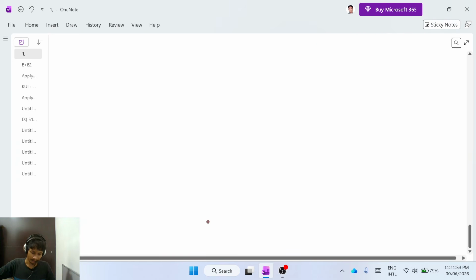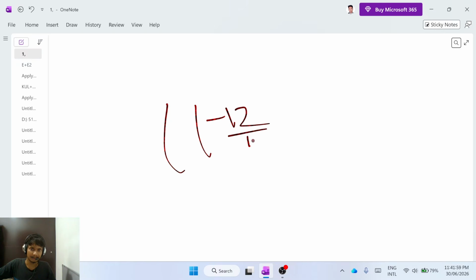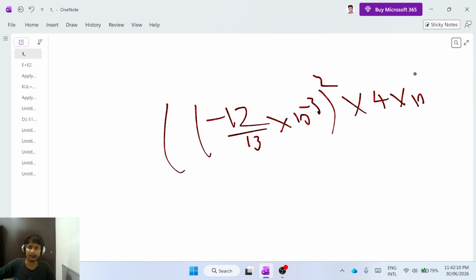Plus I3 square, where I3 is minus 12 by 13 into 10 to the power minus 3, whole square, into R3, which is 4 kilo ohm, that is 4 into 10 to the power 3 ohm.